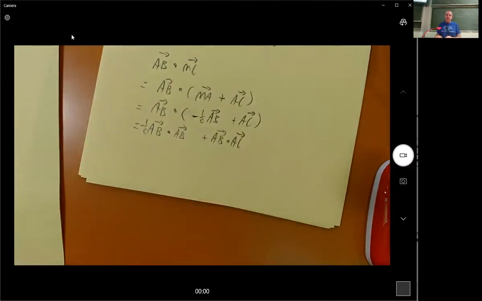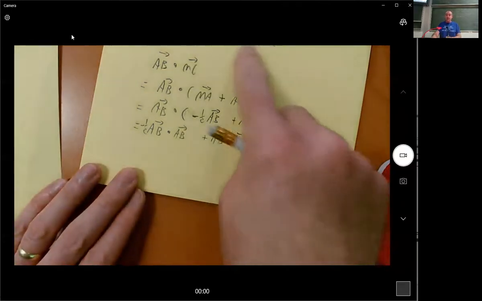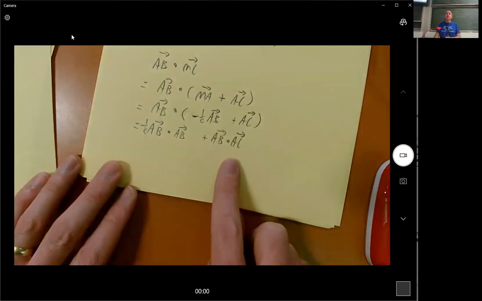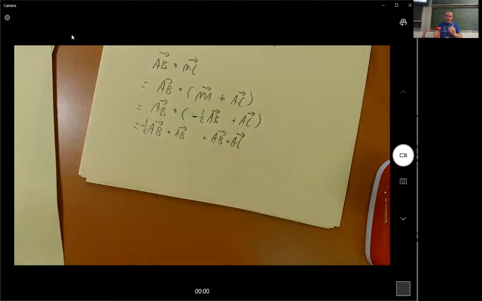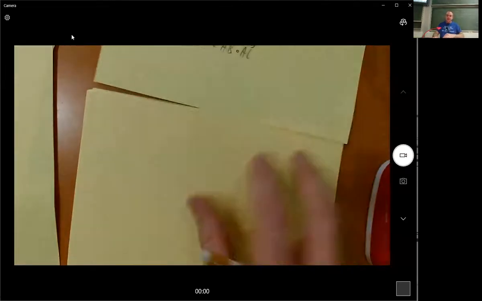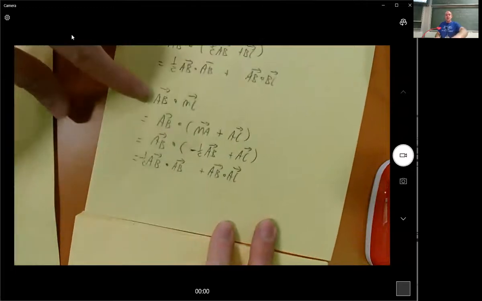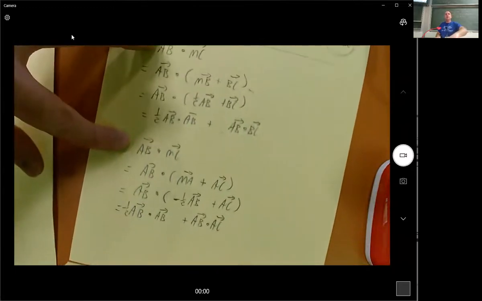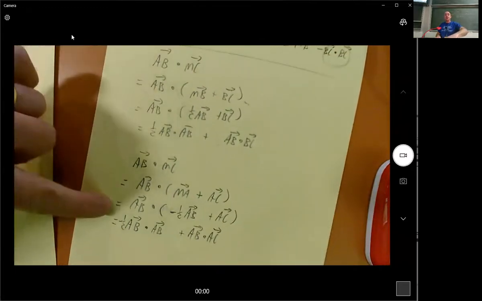So 2 lots of AB dot MC is going to be these 2 things added together. Yes, I'm nearly there. So now I've got 2 ways of doing AB.MC, right? This way and this way.